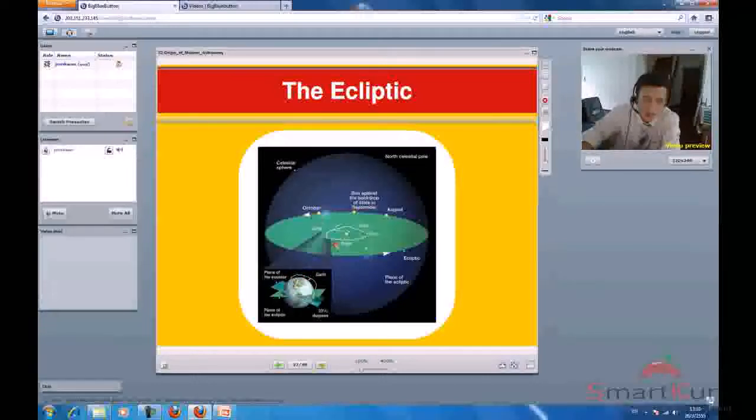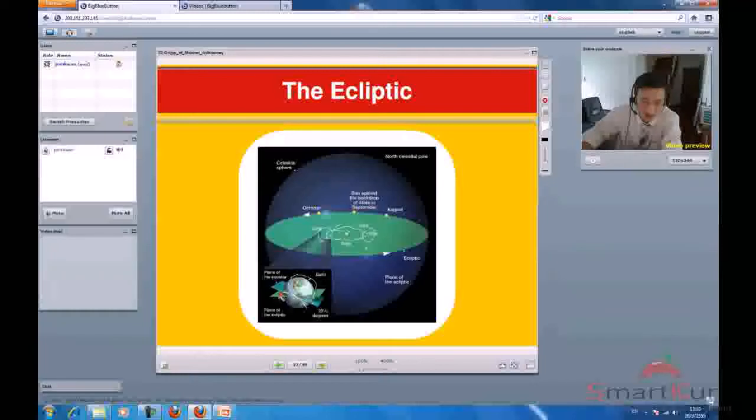But notice, the plane of our equator is not the same. Our equator is not aligned with the ecliptic. It's almost as if the Earth is tilted to its own orbit around the sun.